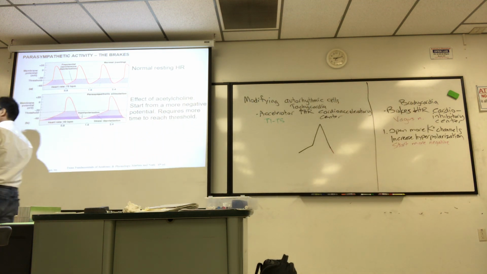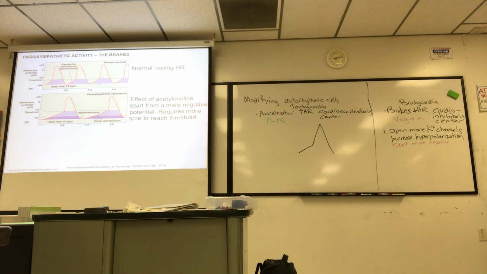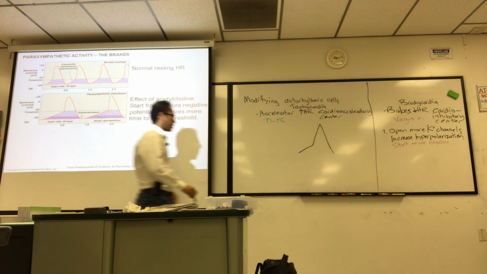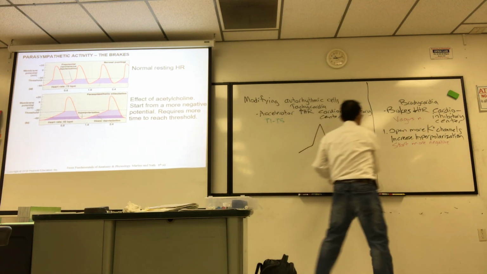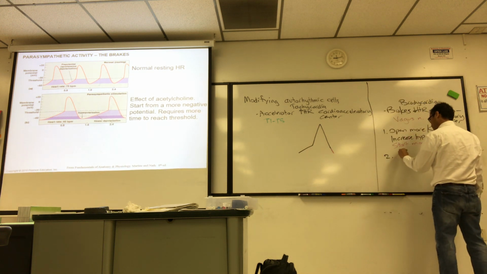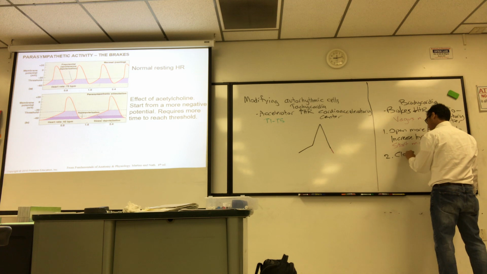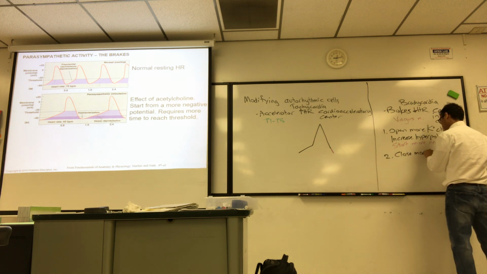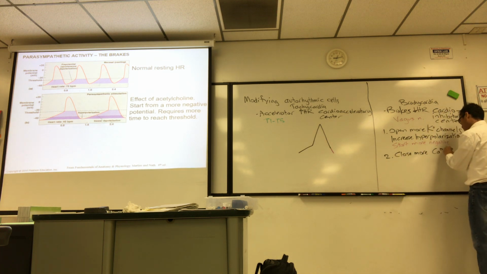You're decreasing the slope of the pacemaker potential because there's less cyclic AMP, a second messenger. The net effect is you close more calcium channels.